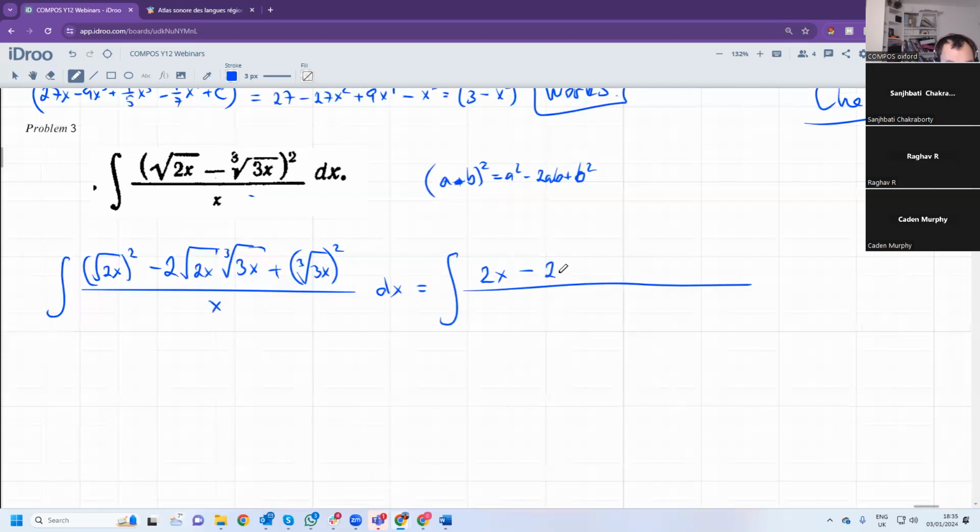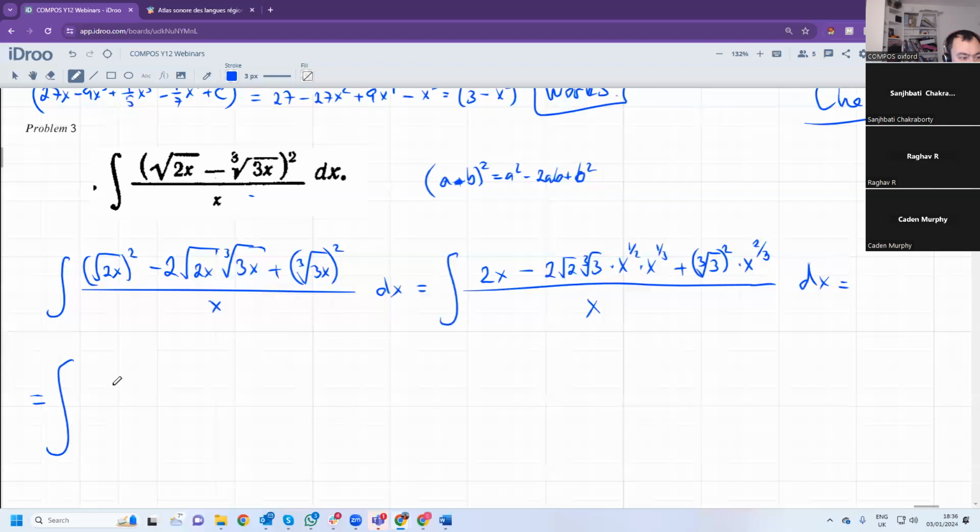So it's going to be 2 square root of 2 cube root of 3 multiplied by square root of x, which is x to the power a half, multiplied by cube root of 3 x to the power 1/3. Plus cube root of 3 squared multiplied by x to the power 2 over 3. And this is x dx.